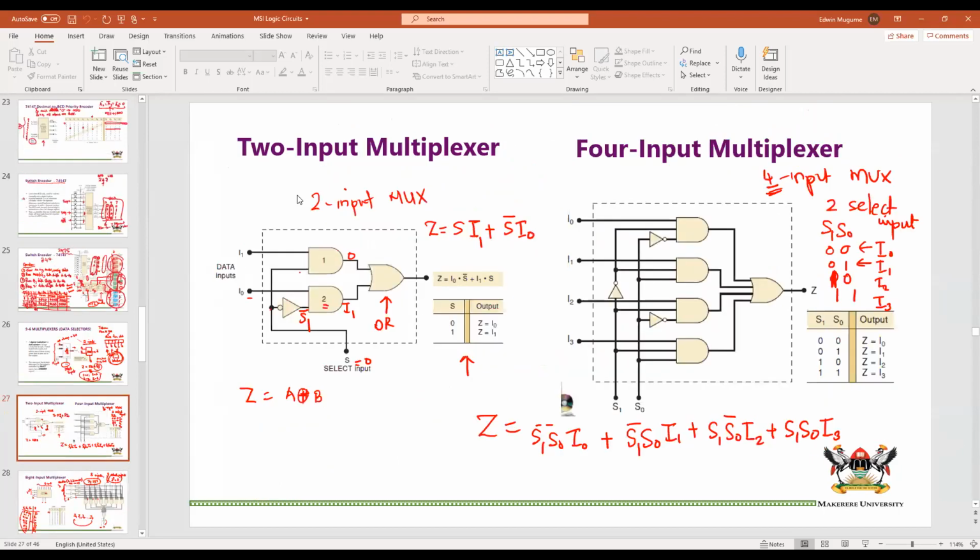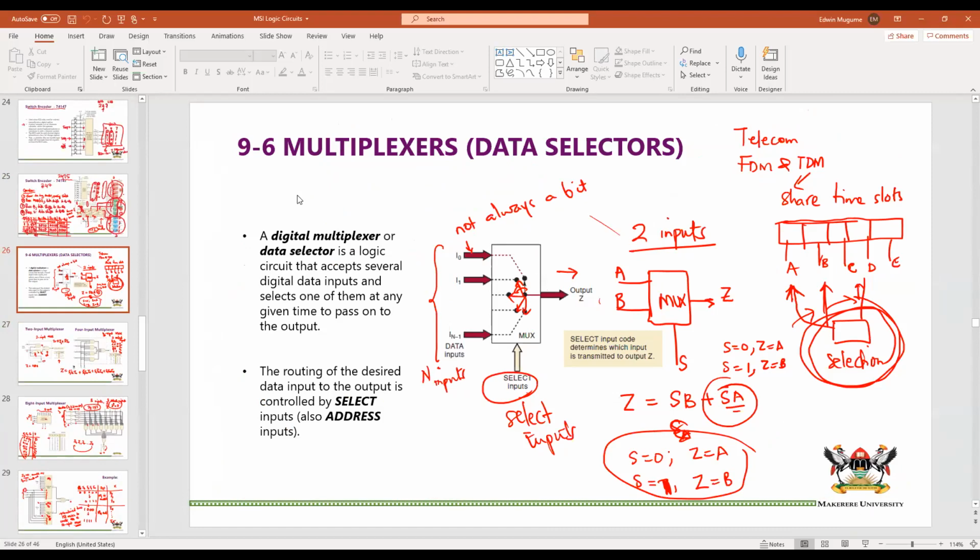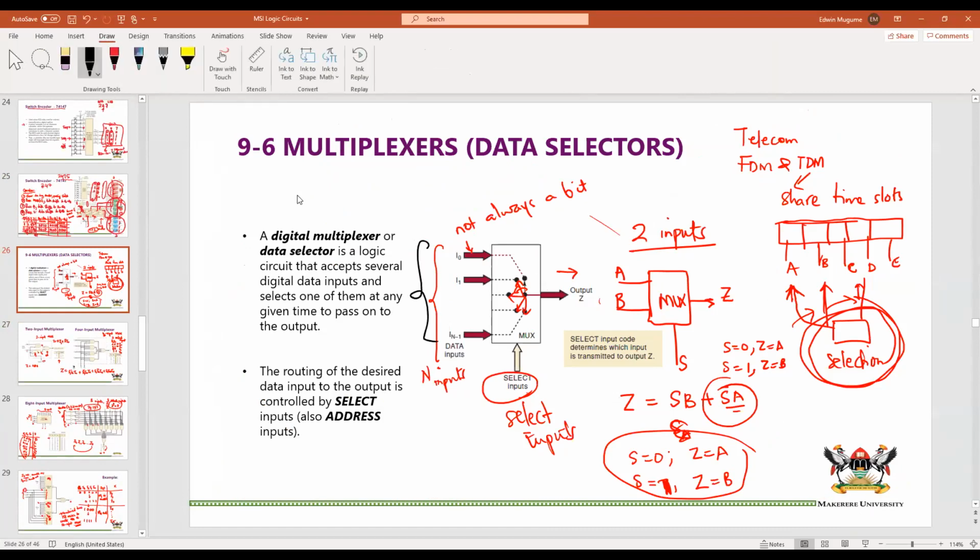Basically, when you're multiplexing, as we saw, you have a number of inputs and you want one output. That means a multiplexer has several inputs and chooses one input to move to the output. As I told you last time, we use it when we are sharing a channel.